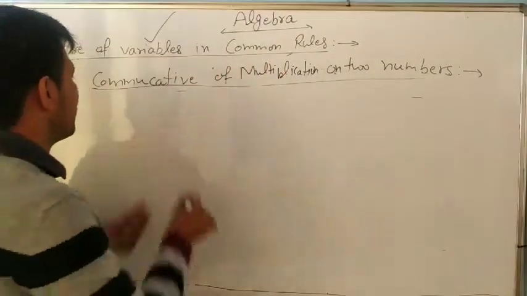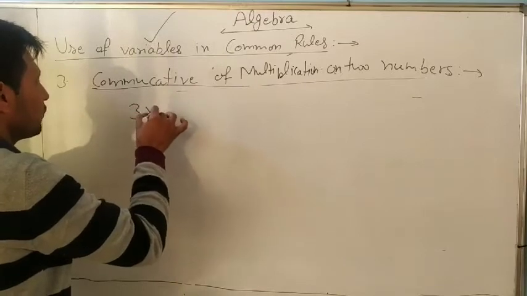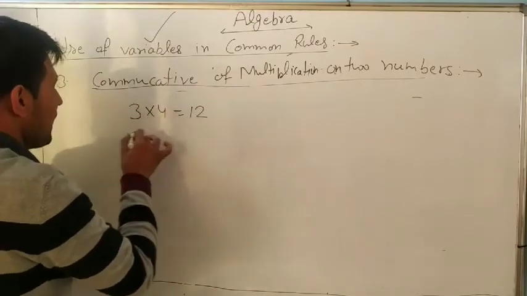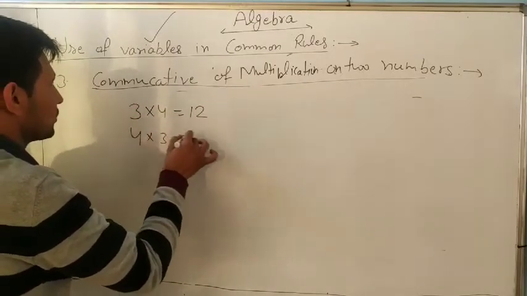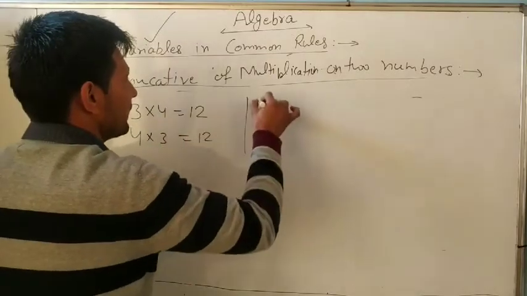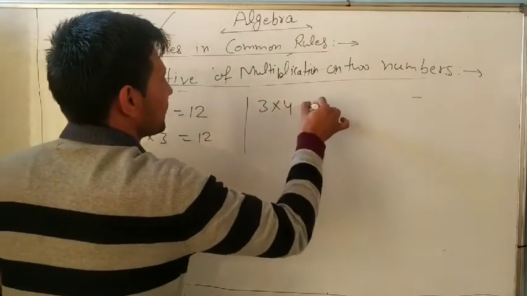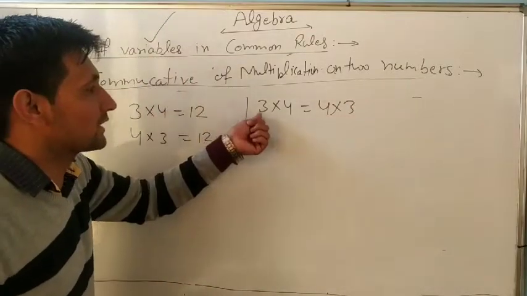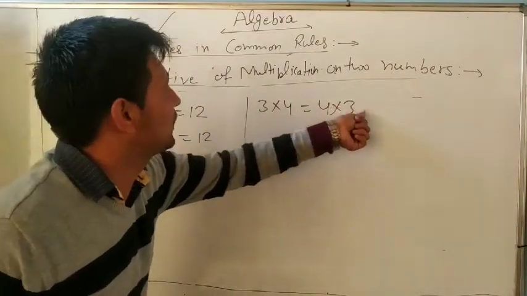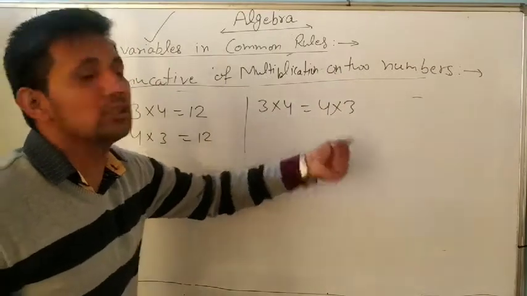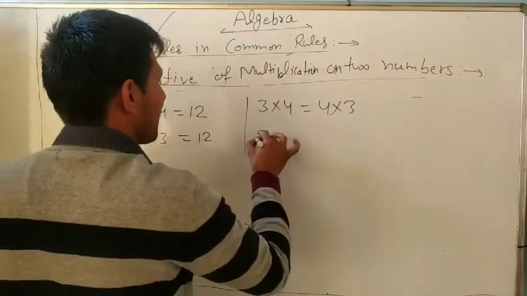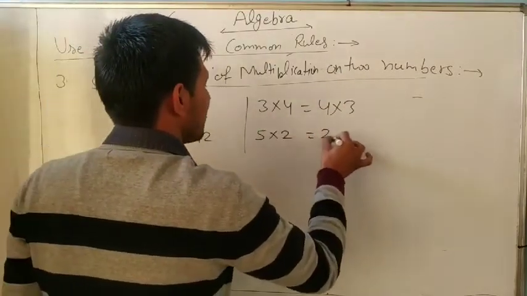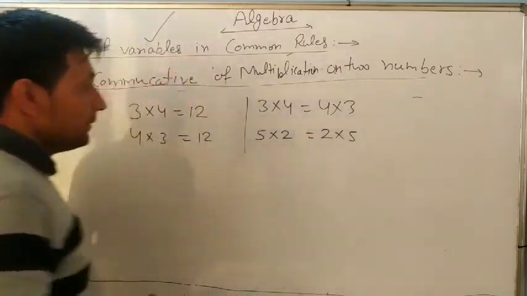So 3 into 4 equals 12, and 4 into 3 is also 12. Always remember, either you will write 3 into 4 or 4 into 3. So commutative means first number into second, or second into first. Otherwise you can write 5 into 2 equal to 2 into 5.